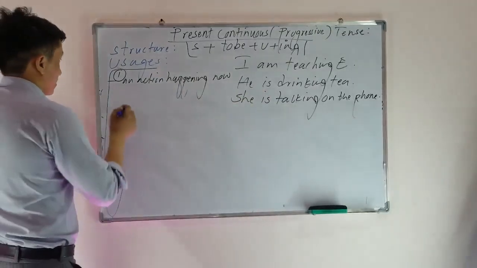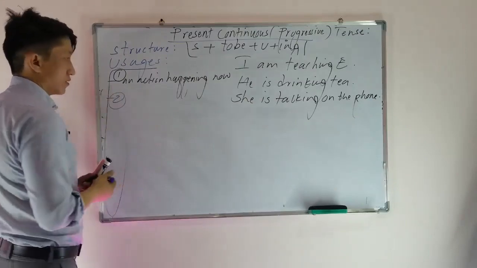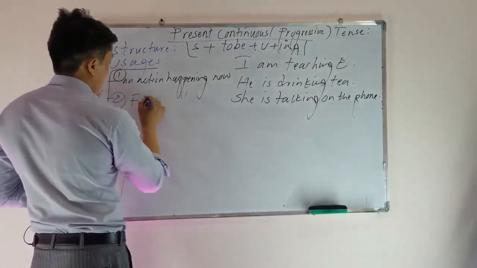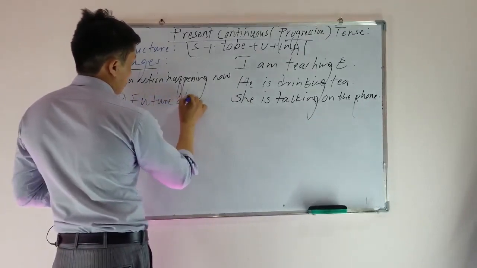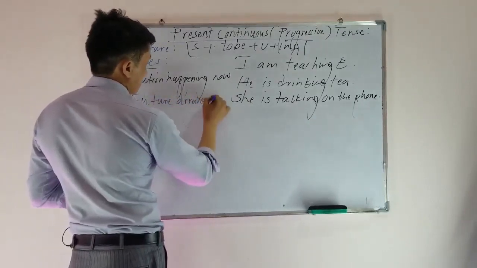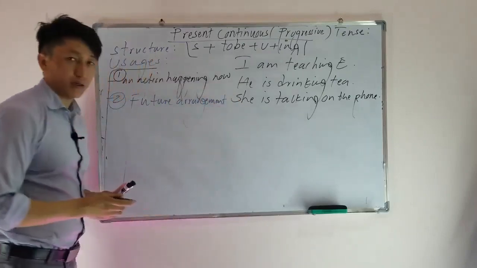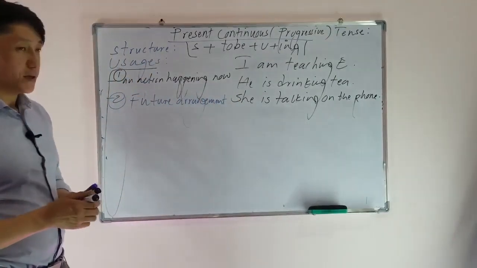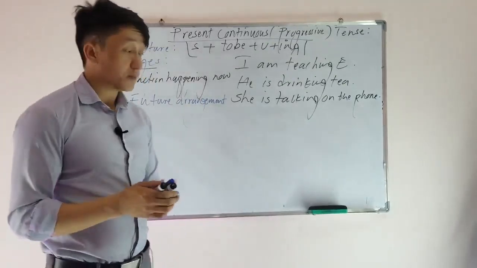The second usage, we use present continuous tense to talk about future arrangement, or we can also call it future plan. You talk about the future that is planned. Now, it's exactly like present continuous tense and simple present tense.